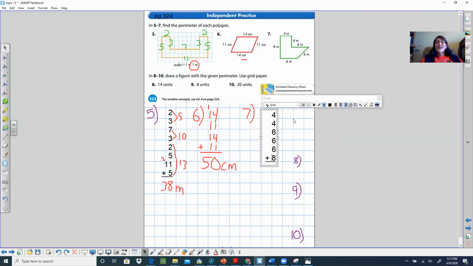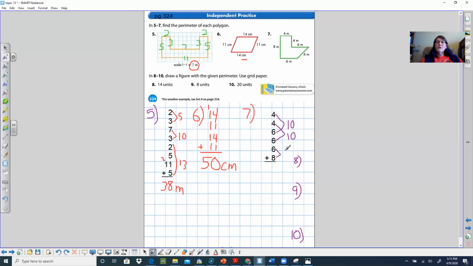I notice I've got some friends of 10s. They're not neighbors, but they're close enough. So this one is a friends of 10, and this one is a friends of 10. And then I have this poor 6 and 8.